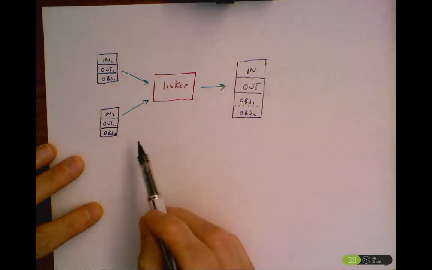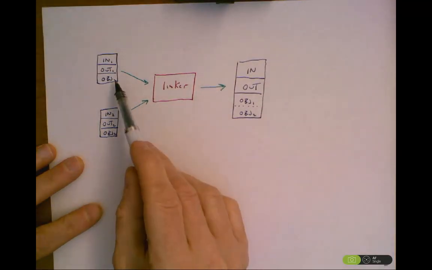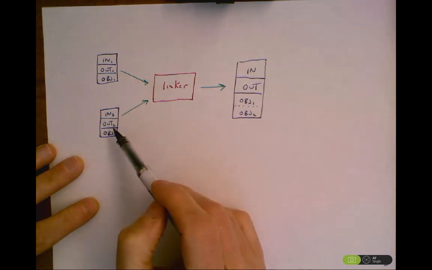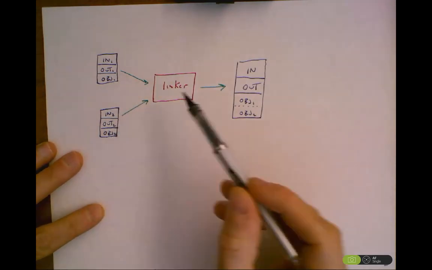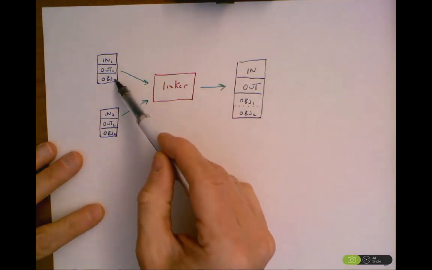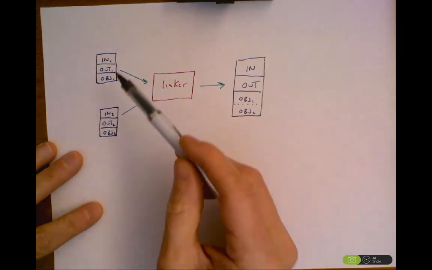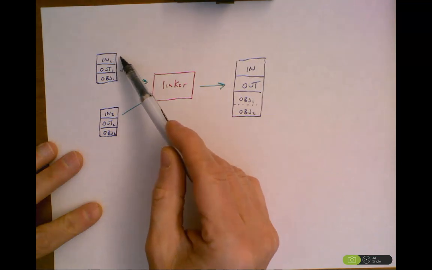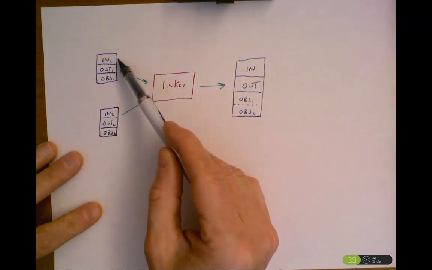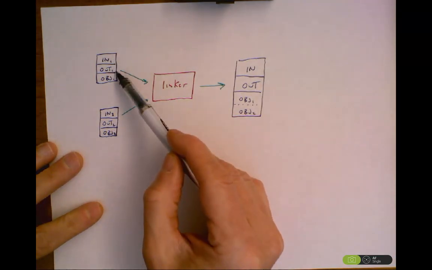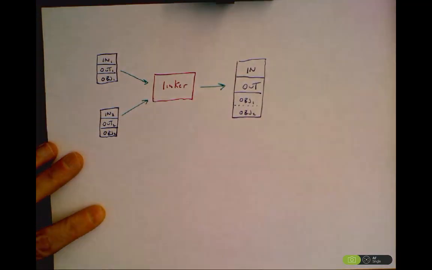But the picture then is something like this. The linker is a program. It's reading, let's assume, 2 object files for now. Those object files have object code, the actual encoded instructions, but they also have symbol information. They have a list of symbols that have been defined and are exported, and they have a list of symbols that were referenced and are hoping to be imported.